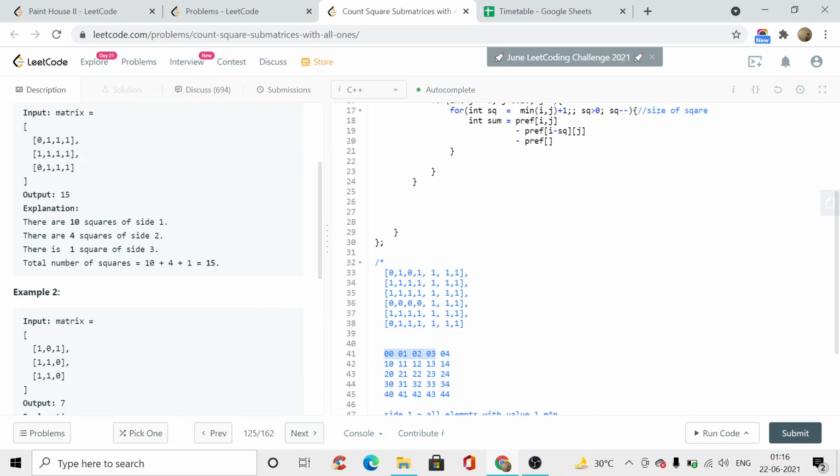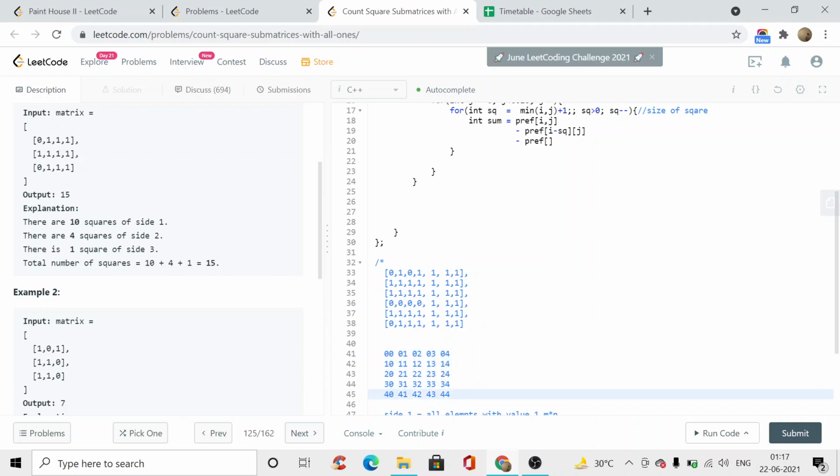So I cut this part. 4 minus 4 is 0. And I wanted to find of size 3, so if SQ is 3, it's 4 minus 3 is 1. And I will also cut this part, meaning this first column.